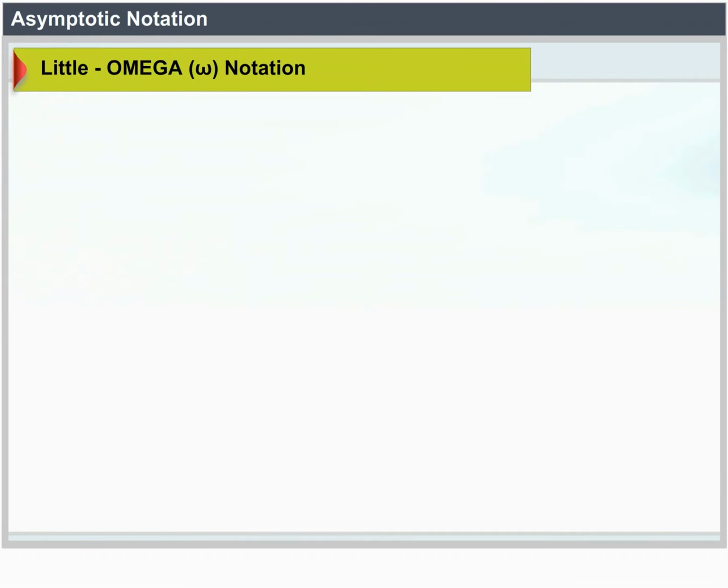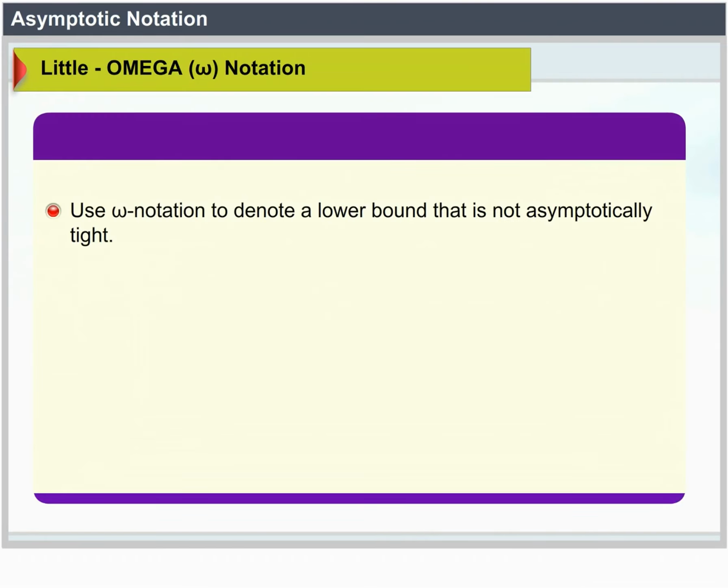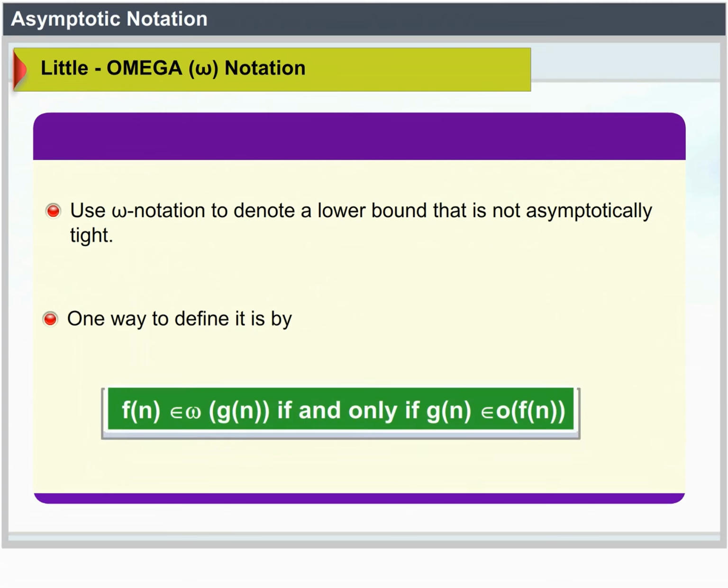Little omega notation. Use little omega notation to denote a lower bound that is not asymptotically tight. One way to define it is f of n belongs to little omega of g of n if and only if g of n belongs to small o of f of n.